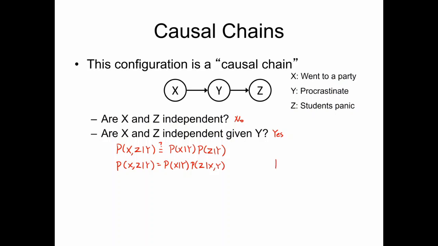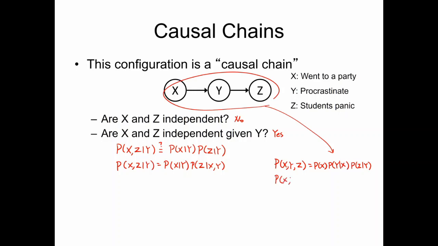And then consider the probability of x, y, and z. If you look at the Bayesian network, the probability of x, y, and z all happening is just the probability of x times probability of y given x times probability of z given y. But we also know, using chain rule, that this is the same as probability of x times probability of y given x, probability of z given x and y.